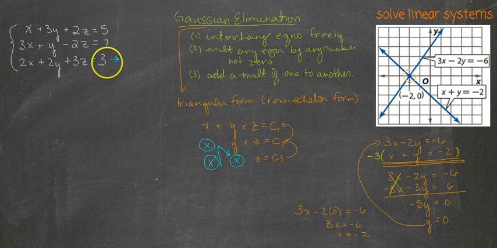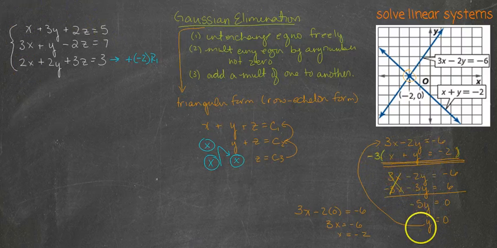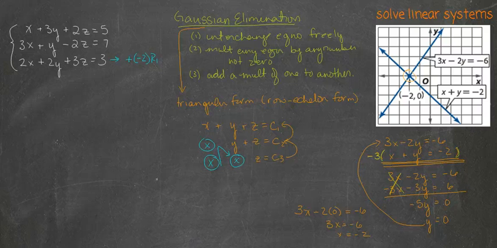To this equation, I am going to add -2 times the first row. Okay, so I'm going to multiply the first row by -2 and then add it to 3. Now, rather than actually doing all of this work over here, because it can get really messy really soon, I'm going to do it in another way.